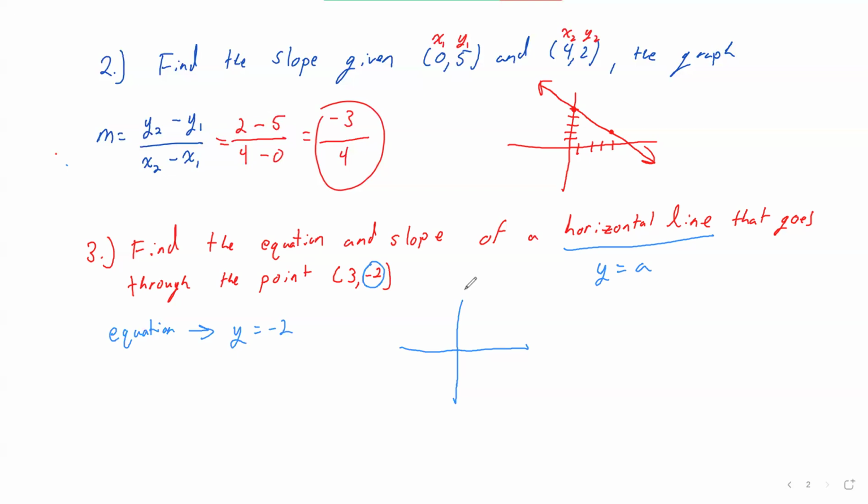If I got a point at 3, -2, I'm going to go right 3, down 2. But a horizontal line, if you recall, does this right here. What do you think the slope of that line is? It is, in fact, 0.